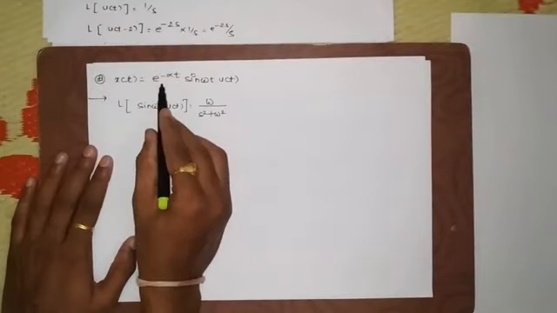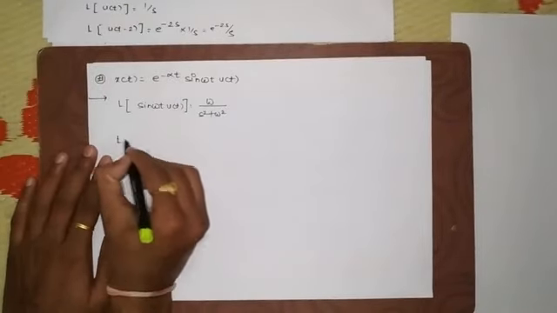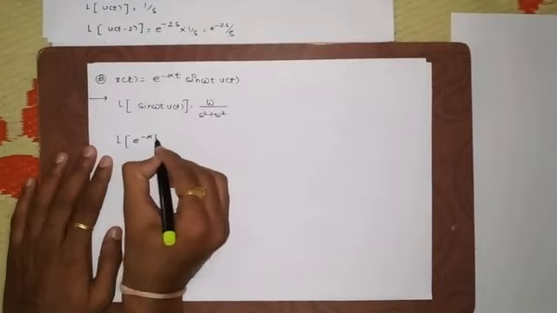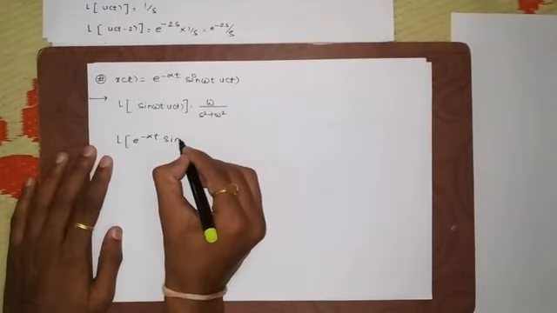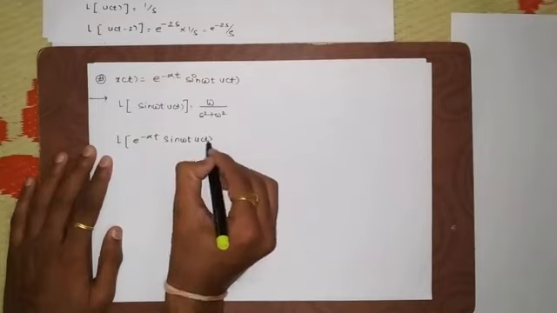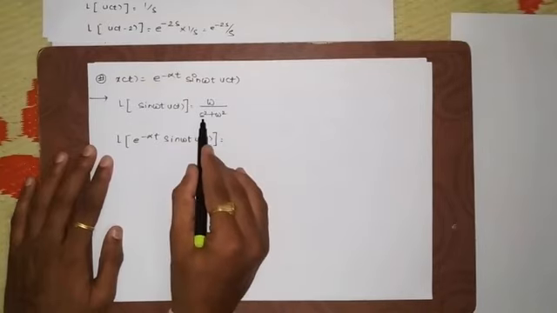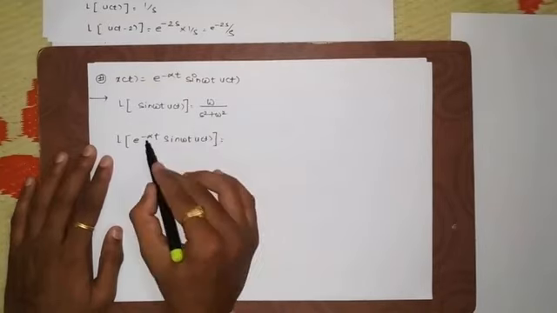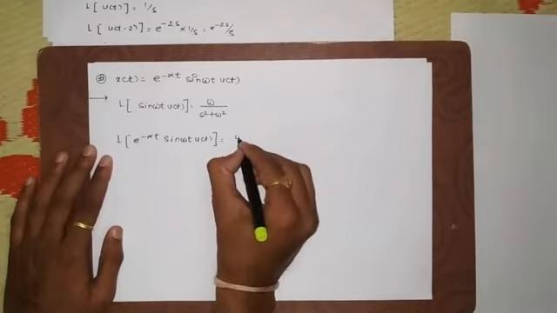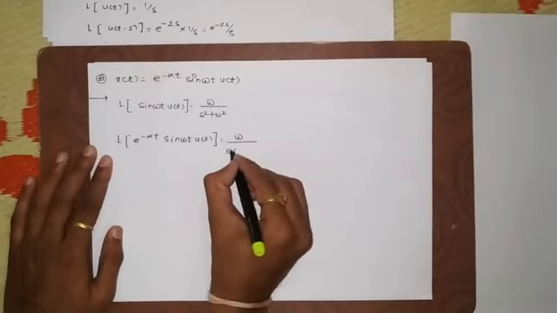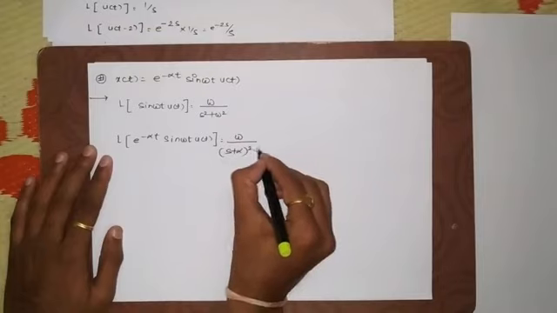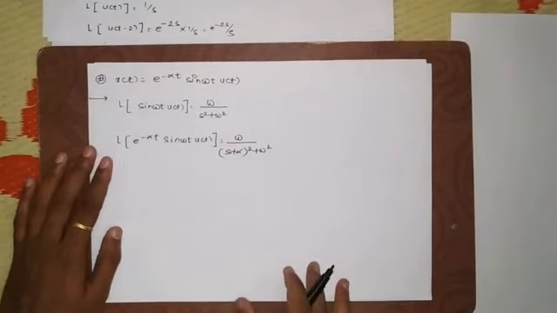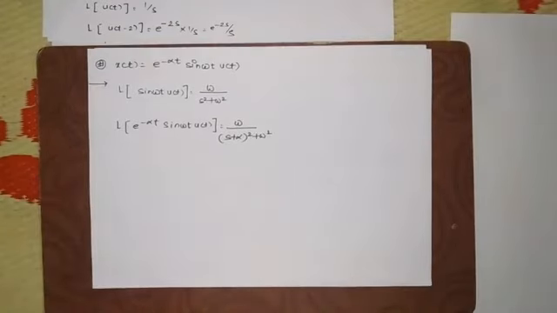Now this input signal is multiplied with the exponential function, so you can write Laplace of e raised to minus alpha t sine omega t into u of t becomes, wherever s is there, replace it by s plus alpha. So numerator omega as it is, denominator becomes s plus alpha whole square plus omega square. So this is the Laplace transform of exponential with sine omega t into u of t.